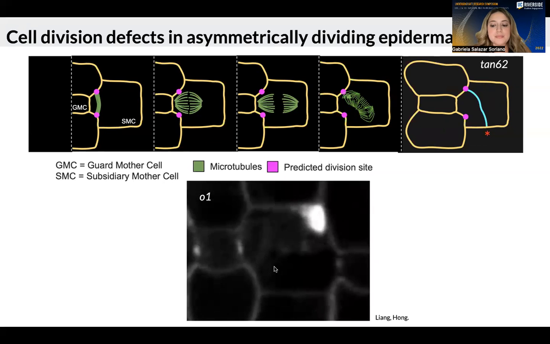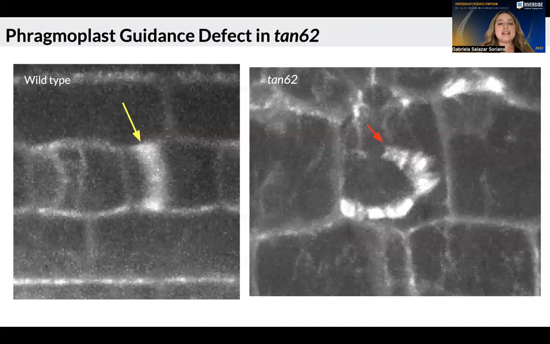And so using a microtubule marker line, we were able to image TAN62 using confocal microscopy. And this image just shows the microtubule structure being misguided to a different location than the predicted division site. And this shows a wild type cell that shows where the cell wall should be placed.